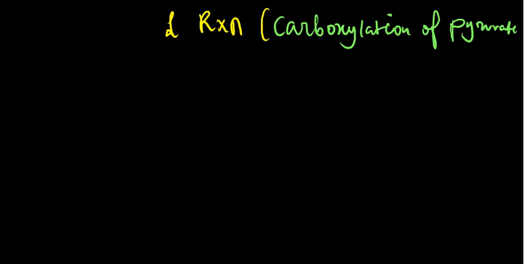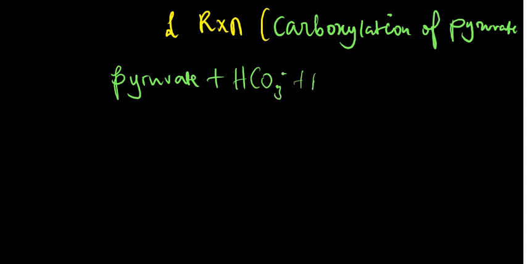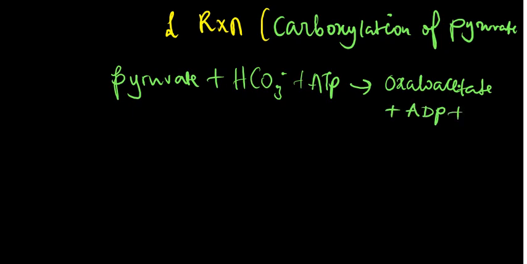So pyruvate combines with a bicarbonate, with the help of adenosine triphosphate. Pyruvate is converted to oxaloacetate, plus, on the product side, ADP and an inorganic phosphate.